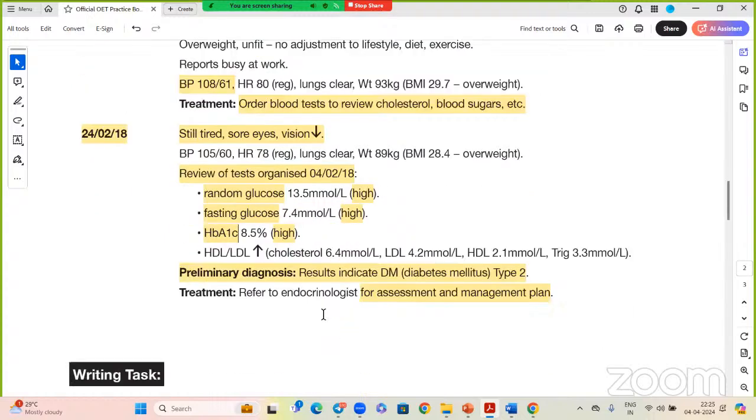So now these results demonstrate or show that they are in tune with type 2 diabetes mellitus.